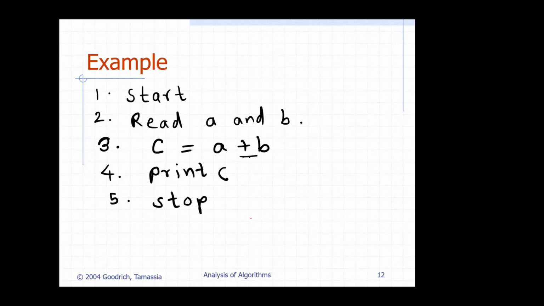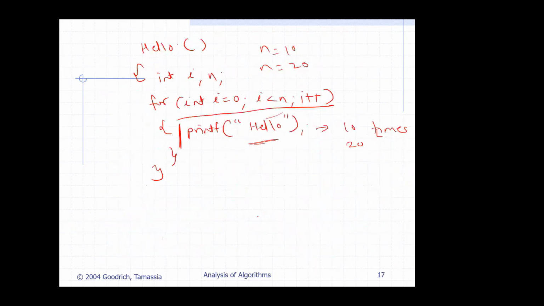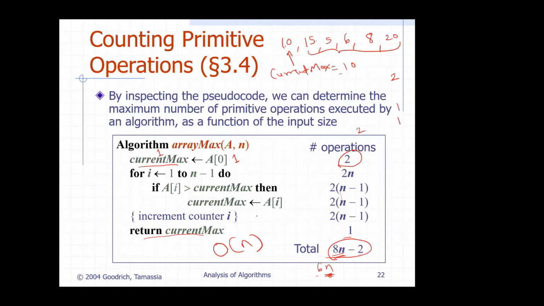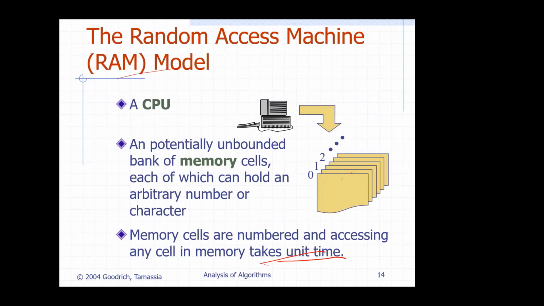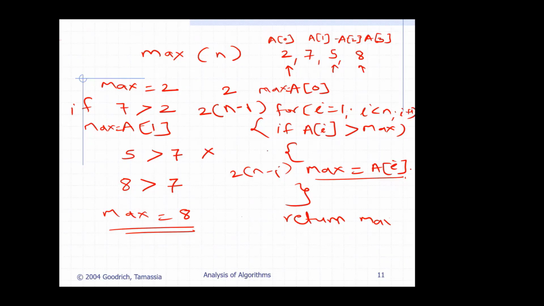So if we calculate this, these numbers will be a little different, but if you add all the number of operations here, in our algorithm, 2, twice n minus 1, twice n minus 1, and 2.